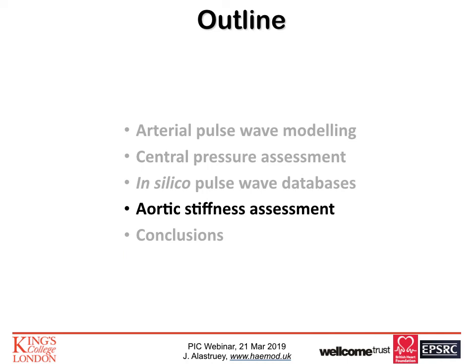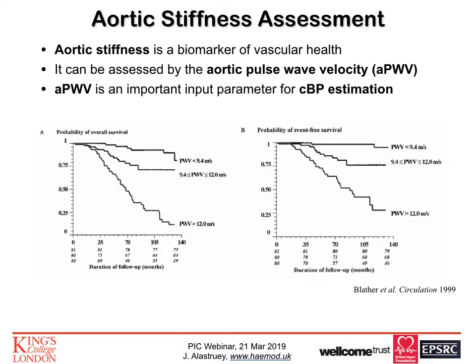Aortic stiffness assessment is the last project I would like to talk about. Aortic stiffness is an important marker of vascular health. It cannot be directly measured in vivo, but we can use aortic pulse wave velocity as a surrogate for aortic stiffness.